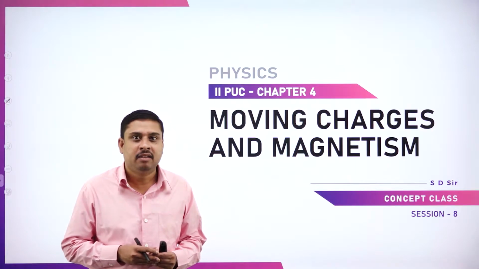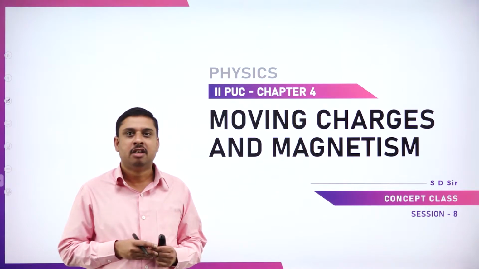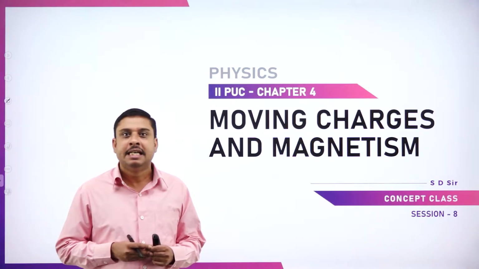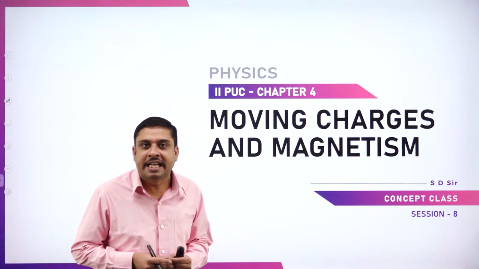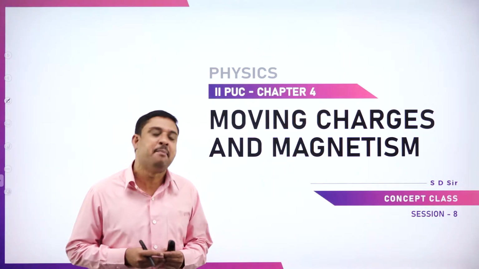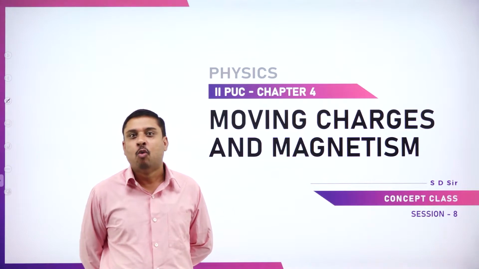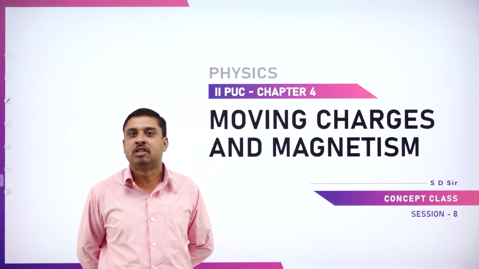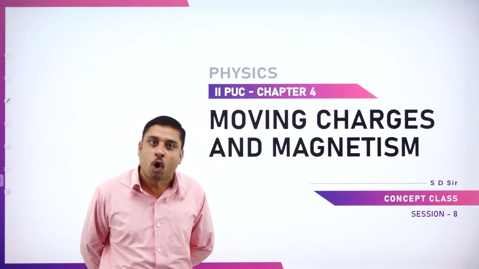We shall understand the construction of the MCG, the so-called moving coil galvanometer, the theory behind its working, and finally we define two important quantities: current sensitivity and voltage sensitivity of the galvanometer.